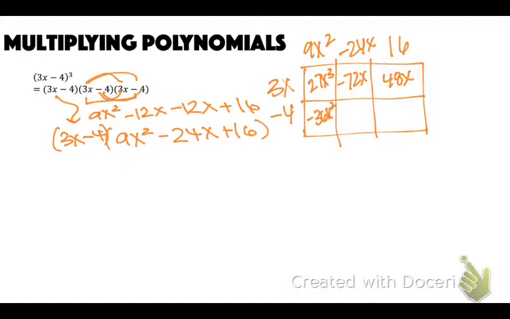Negative 4 times 24, that's positive 96x. Negative 4 times 16 is negative 64.